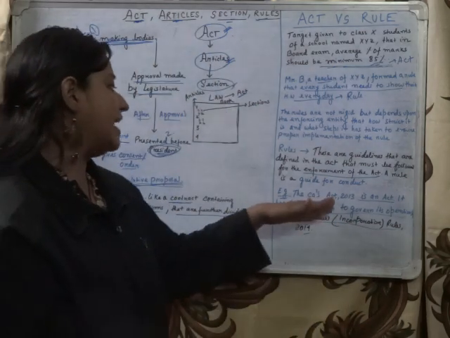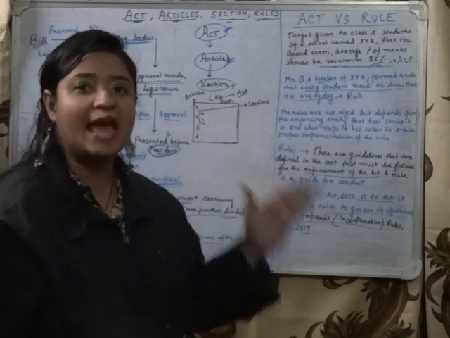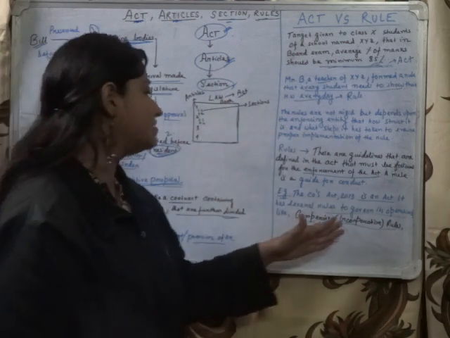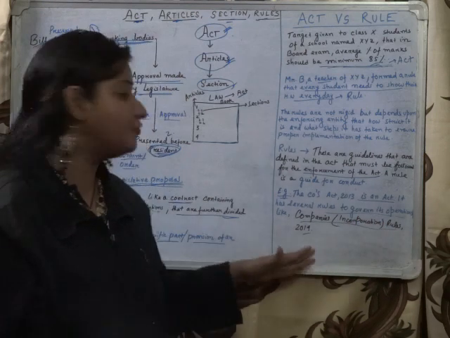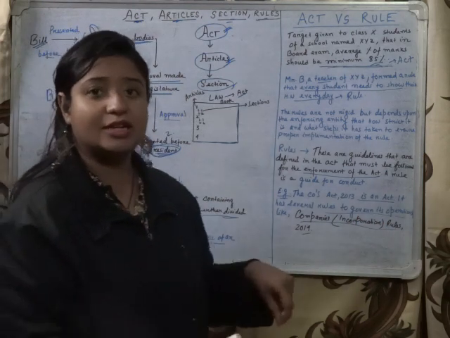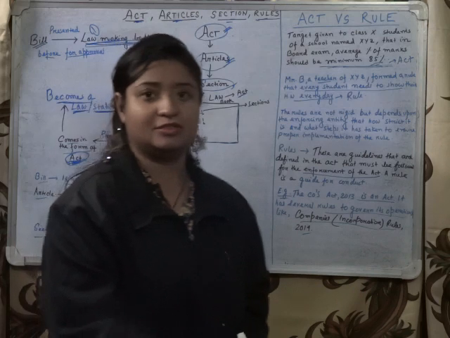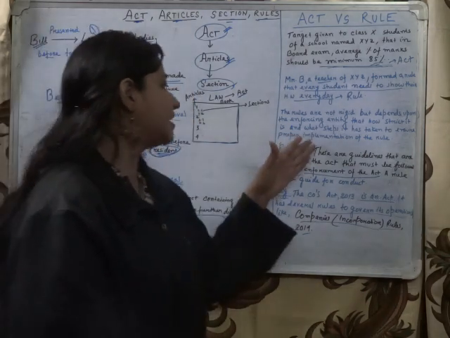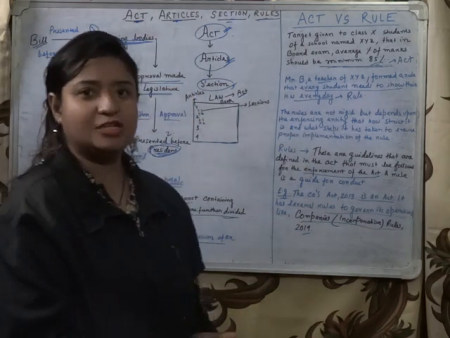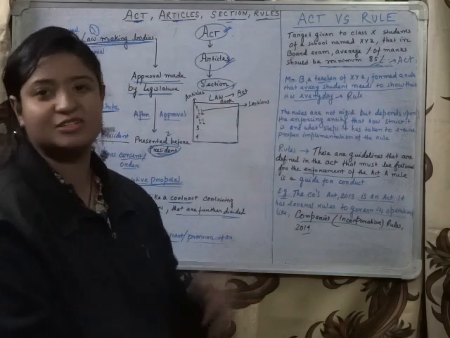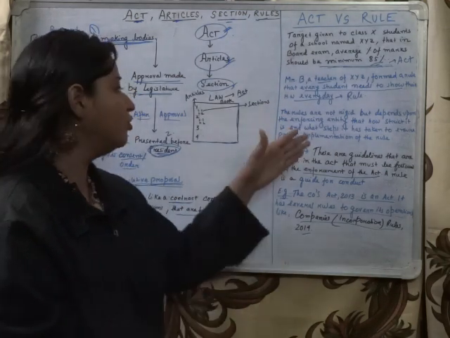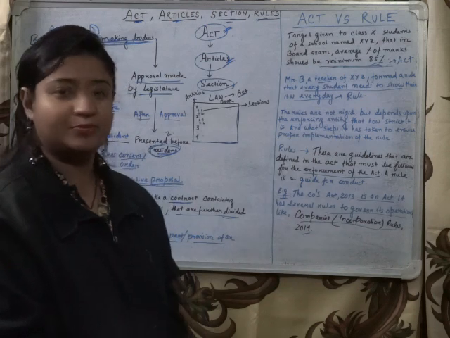So the Companies Act 2013 is an act, and the Companies Incorporation Rules 2014 is a rule that helps to govern the act, right? So rules cannot be made separately. They are always dependent on the act. They cannot move independently. Okay.